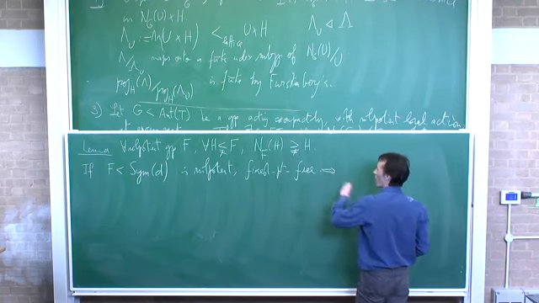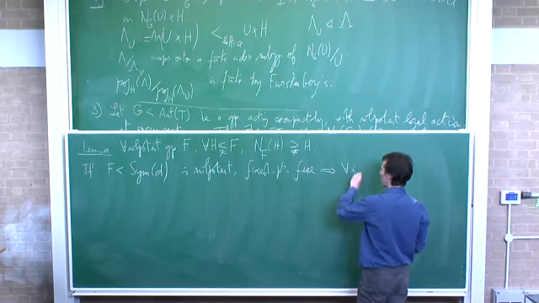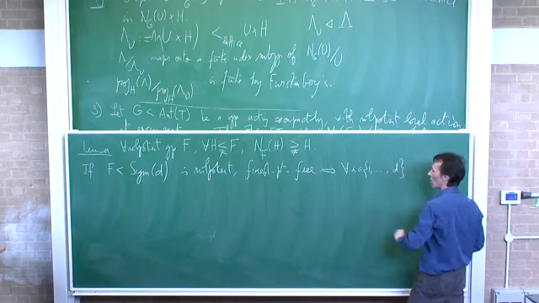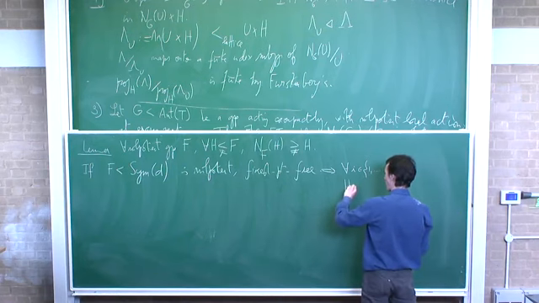For any point i, I can look at H, the stabilizer of that point. The action is fixed point free, so I know that this is a proper subgroup of F.